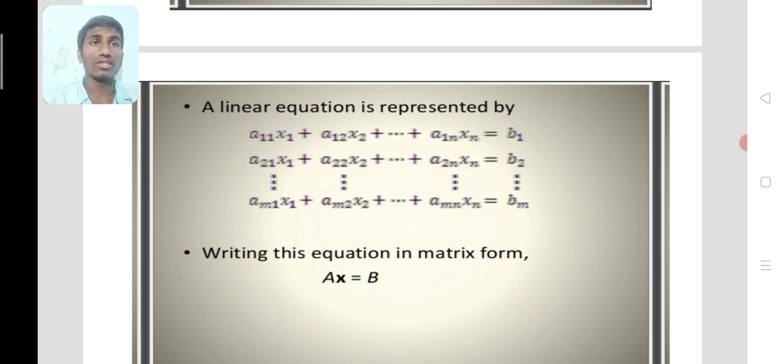A linear equation is represented by a1 x1 plus a2 x2 and so on, up to an xn, equal to b1, some constant.